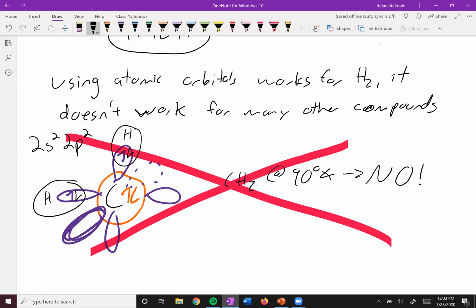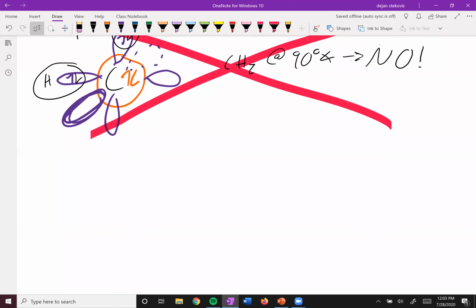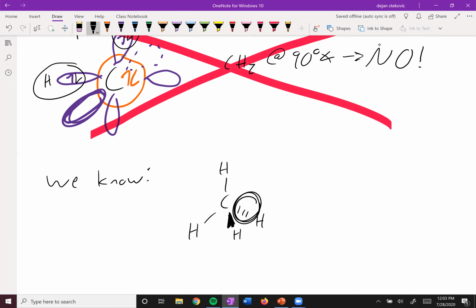So just using atomic orbitals is not sufficient to describe the bonding between carbon and hydrogen. What we know is that carbon forms 4 bonds with hydrogen, and that it forms a tetrahedral shape, right? This wedge means that this hydrogen is coming out of the board, and the dashes mean that hydrogen is going back into the plane of the board. So we know it's 4 bonds, and that has a tetrahedral shape.